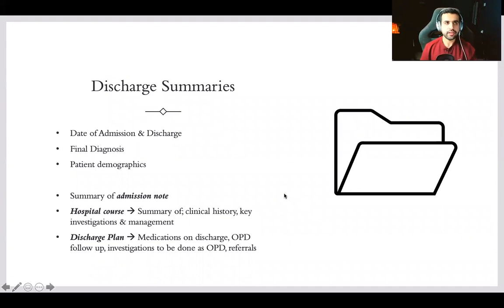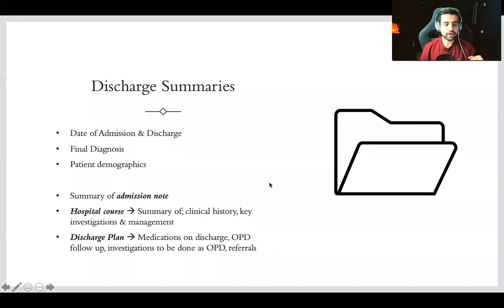Then next would be, let's say, an AKI. The patient first was doing well, the creatinine was 90, then it was 120. We called nephro, and they advised to start IV fluid and to hold some of the medication that might have caused his AKI, and so on. So that's 1, 2, 3.